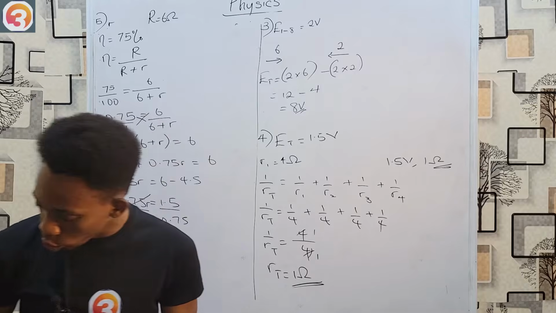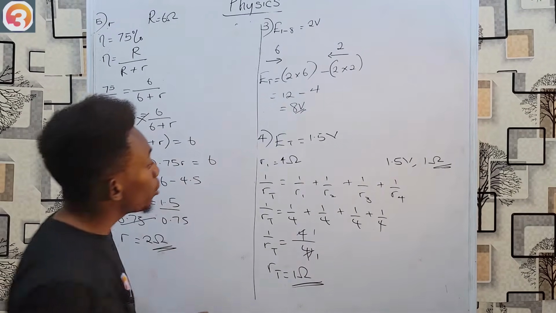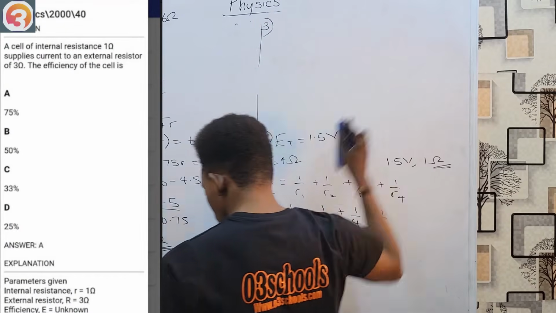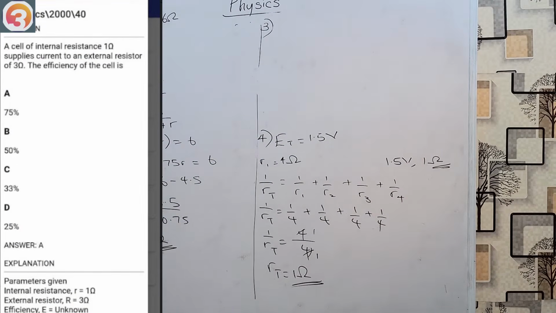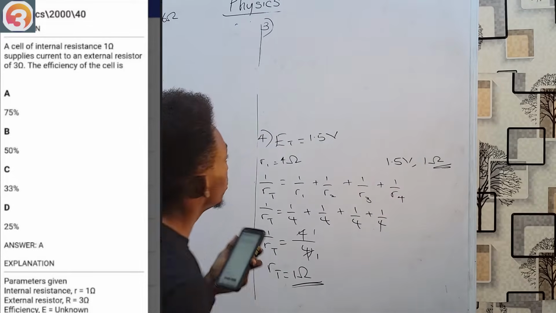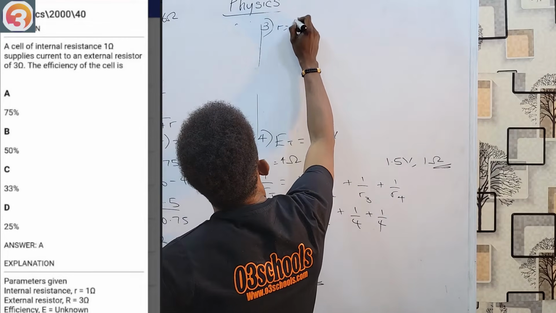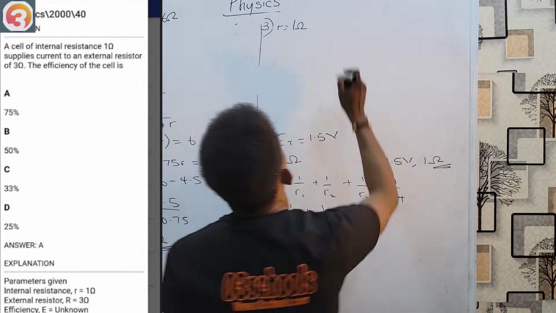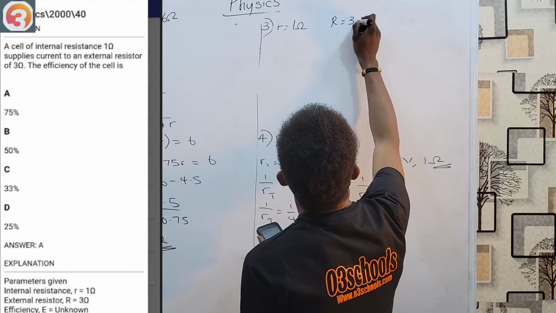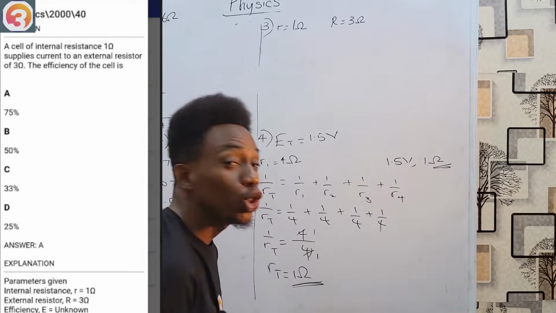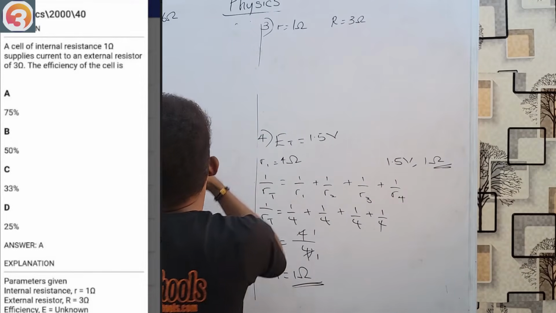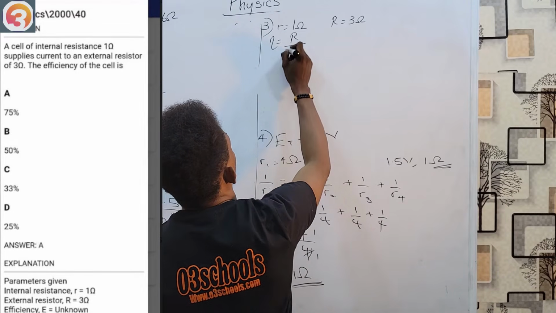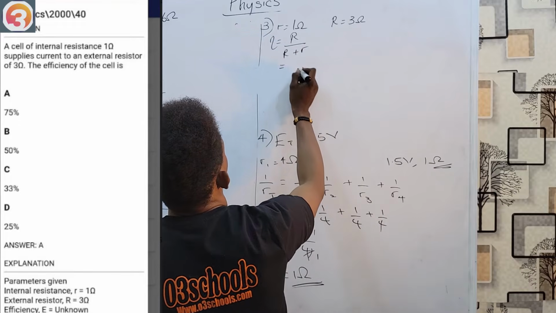And this leads us to our next question, which is coming from the year 2000, question number 40. The year 2000, question 40. A cell of internal resistance 1 ohm supplies current to an external resistor of 3 ohms. We have to find the efficiency of the cell. As we just saw in the previous example, efficiency is external resistance over external plus internal resistance.